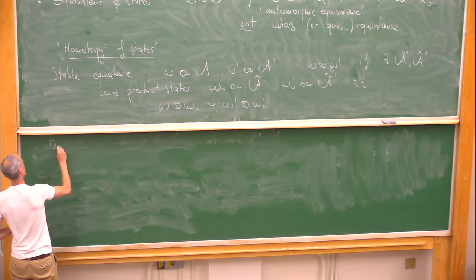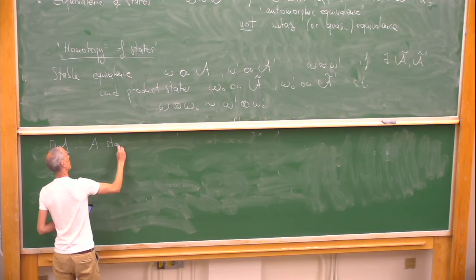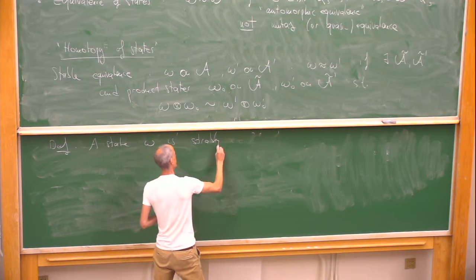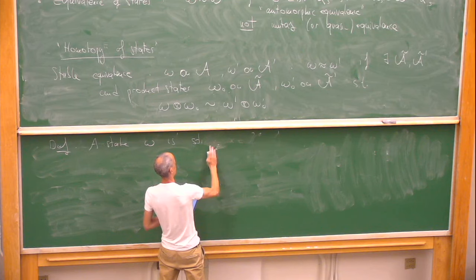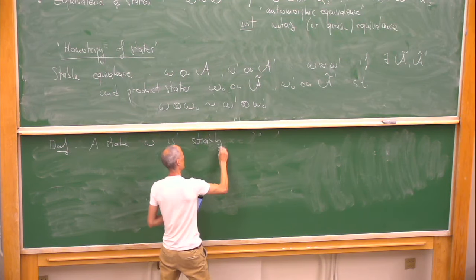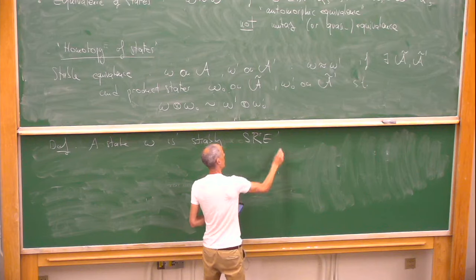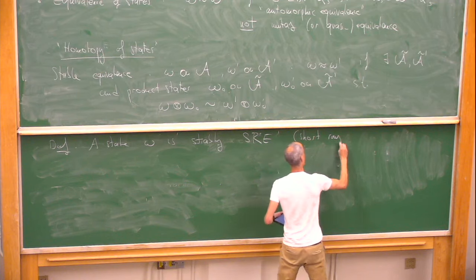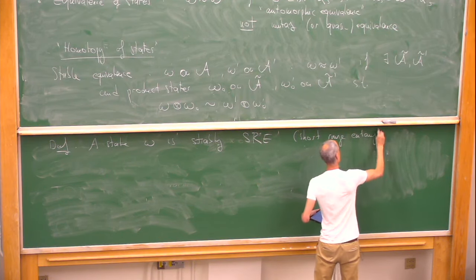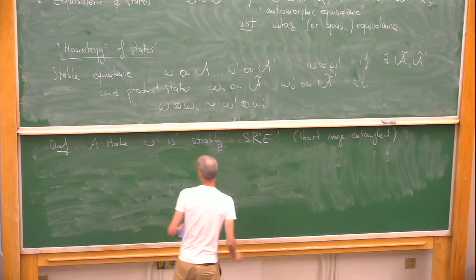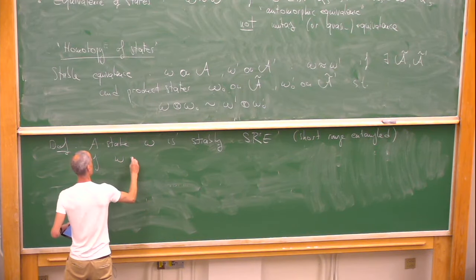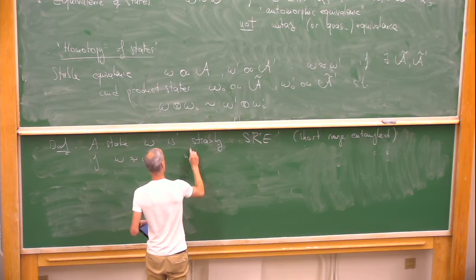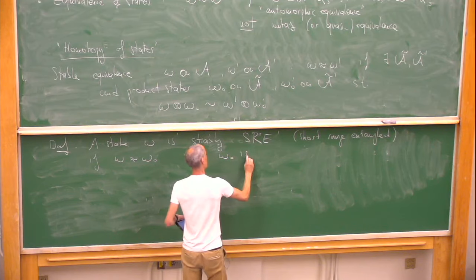Definition: a state omega is stably short-range entangled, SRE for short, if omega is stably equivalent to a product state omega 0.